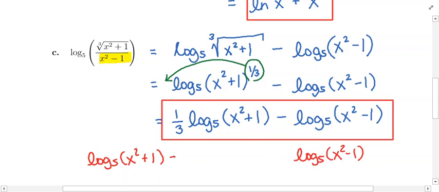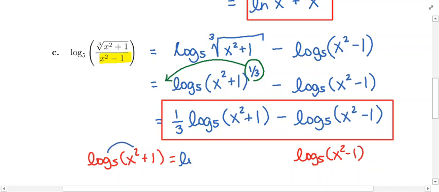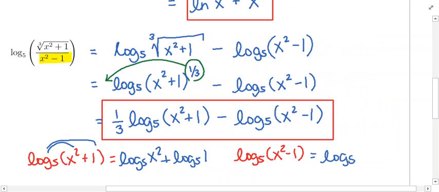You might be very, very tempted to distribute here. You might say, oh, this is log base 5 of x squared plus log base 5 of 1. Or over here, you might be tempted to say, this is log base 5 of x squared minus log base 5 of 1. This is a no-no.